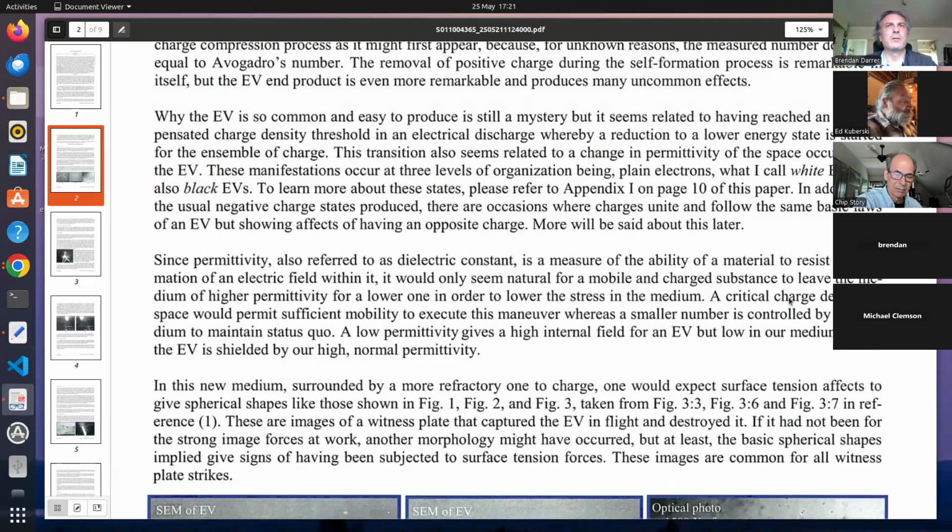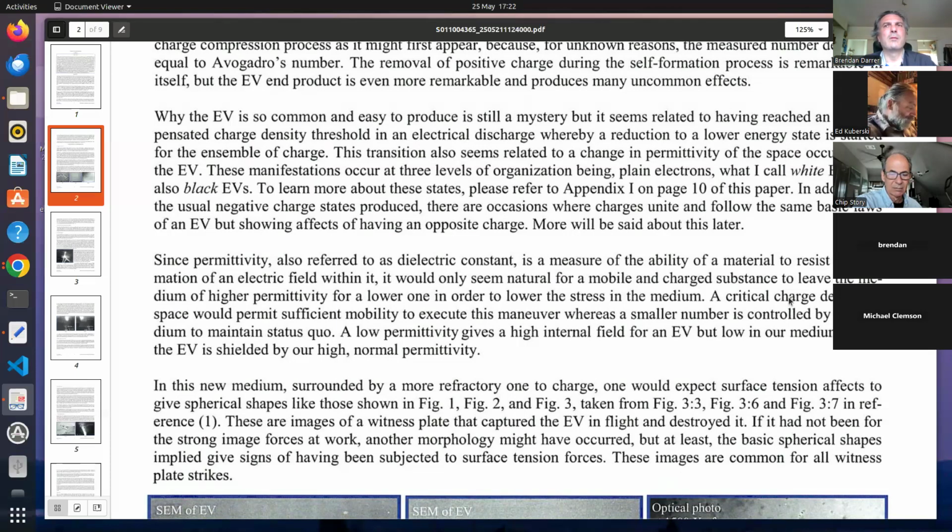This transition also relates to the change in permittivity of space occupied by the EV. These manifestations occur at three levels of organization, being plain electrons, what I call white EVs, and that's interesting, and also black EVs. To learn more about these states, please refer to Appendix 1 on page 10, which we'll do next week of this paper.